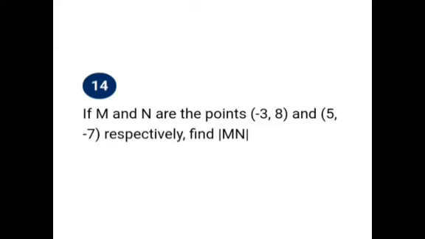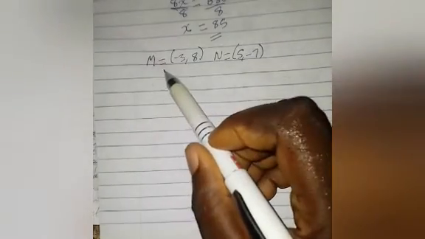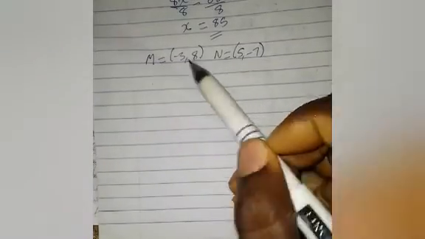Number 14. If m and n are the points minus 3, 8 and 5, minus 7 respectively, find the absolute value of mn. These are the points for m and n.